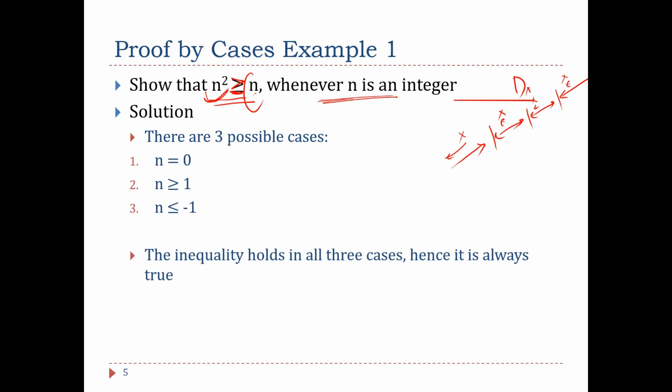And I think that you can prove your inequality for the three cases, and hence you can show that this is always true. Okay. So you will often see such examples where the underlying property cries for the use of proof by cases.